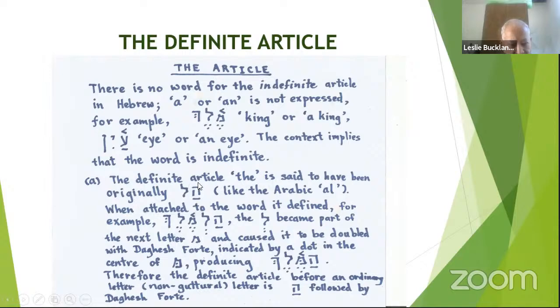When this definite article hal is attached to the word it defines, for example, hal melech, the vowelless lameth, because the simple shua under the lameth indicates that there is no vowel there. So the simple shua is there to point that out. There is no vowel under the lameth.